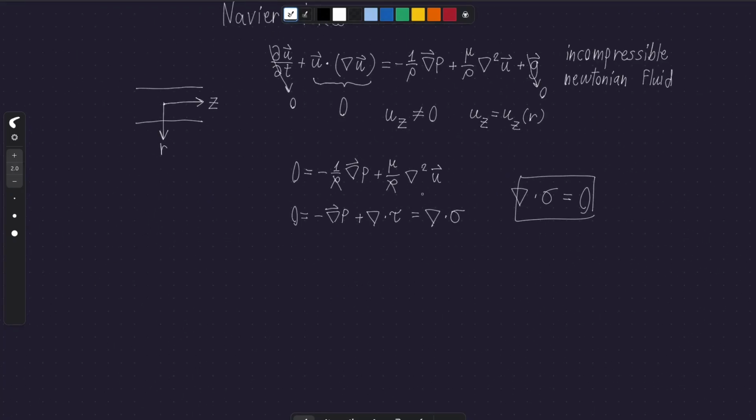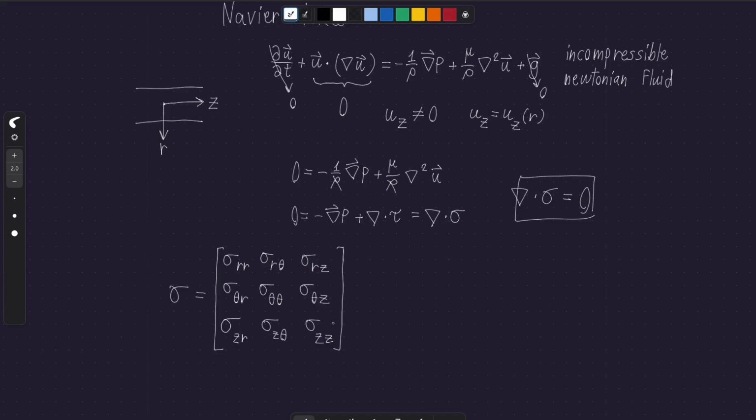Of course, we're in cylindrical coordinates, so it's going to be a bit more complicated, but the sigma, the stress tensor, we expand it as this. Okay, and if we look into each of these terms, we see that actually most of them are 0.